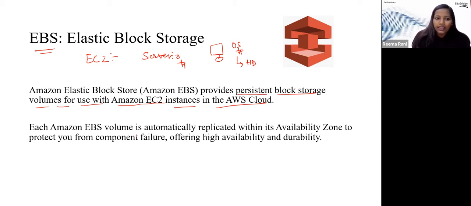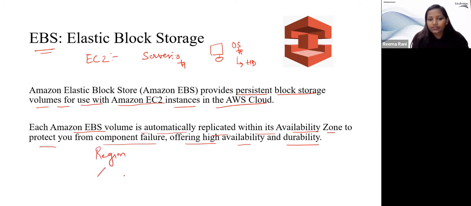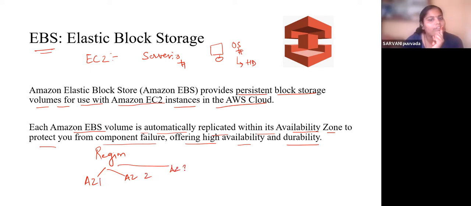Then each Amazon EBS volume is automatically replicated within its availability zone to protect you from component failure, offering high availability and durability. Now tell me, are you aware about region? That region is divided into AZs, that is availability zones, and in AWS every region has a minimum of three availability zones.